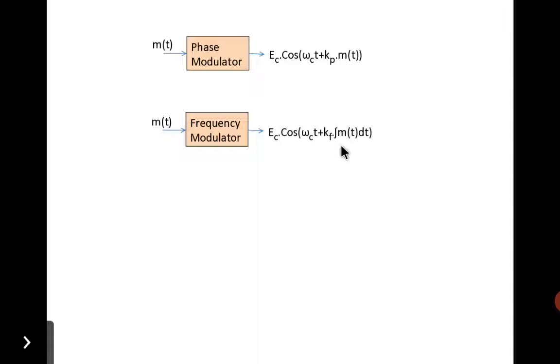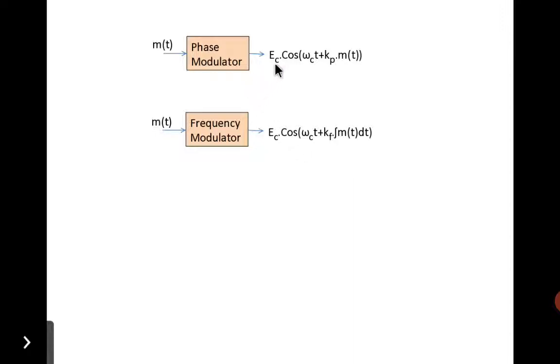Now what we do in indirect method is we generate FM signal with a phase modulator. How do we do this? Just look at both these equations. At one place we have m(t), and at the other place we have the integral of m(t).